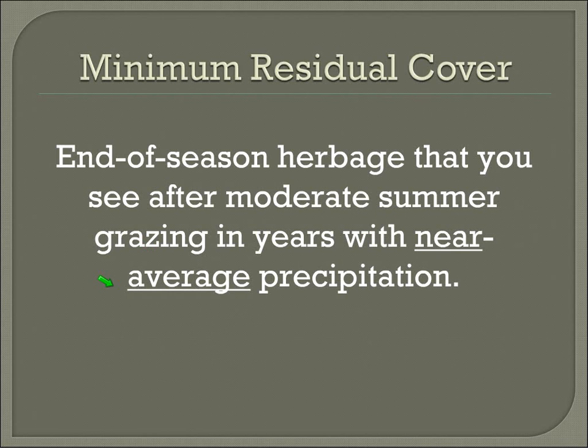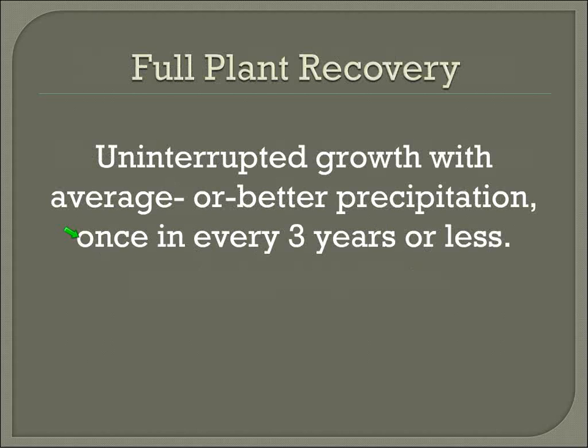And so making a relative comparison among neighbors is not the standard. You may have a little more than the neighbors, but if you really want to have minimum residual cover, you need to have some photographs and mental images of what your pastures actually look like in preceding years when you had near average levels of precipitation.